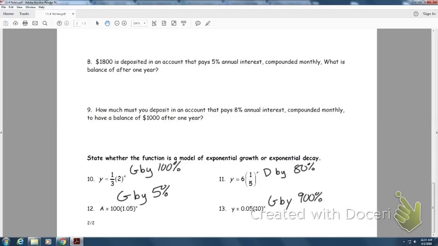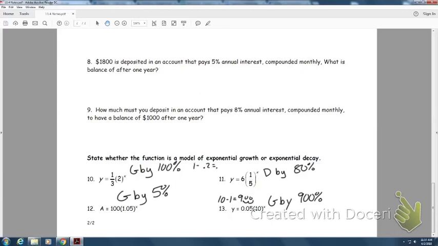Okay. Raise your hand if you're confused as to how we're getting those percentages. Okay. To get the percentage, it's always the difference between the B value and 1. So if I'm 13, my B value is 10. 10 minus 1 is 9. That's 900%. On 11, 1/5 is 0.2.